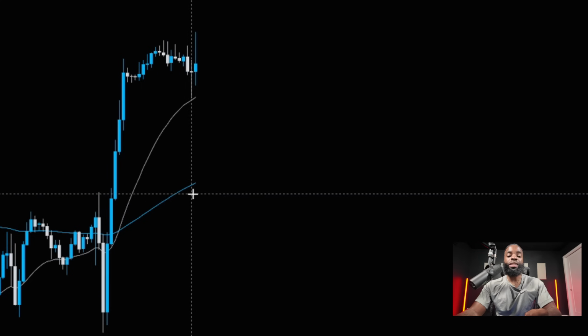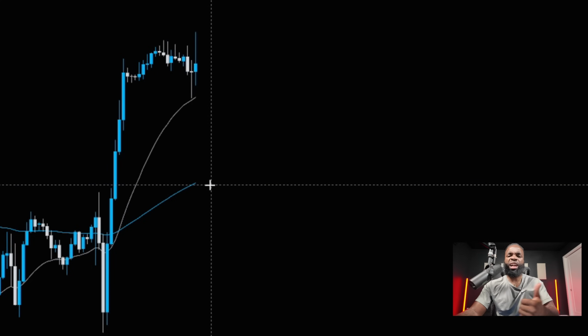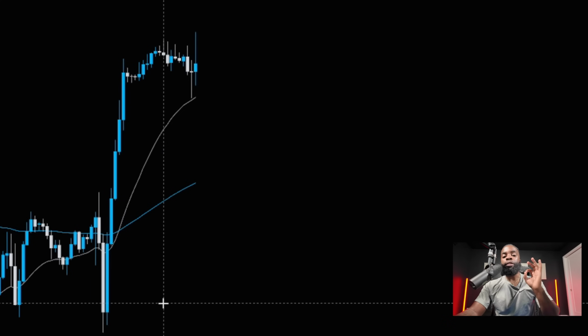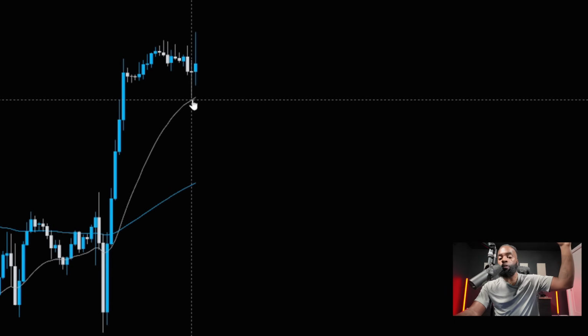Now we know that we should be buying because of the simple fact the market had broken past this moving average, which acts as supply, demand, and support and resistance, which is another reason why I love it. Since this is the very first pull, we're not going to take the trade off of this moving average and do a 1 to 4. We're going to do what we call a 1-to-1 trade.